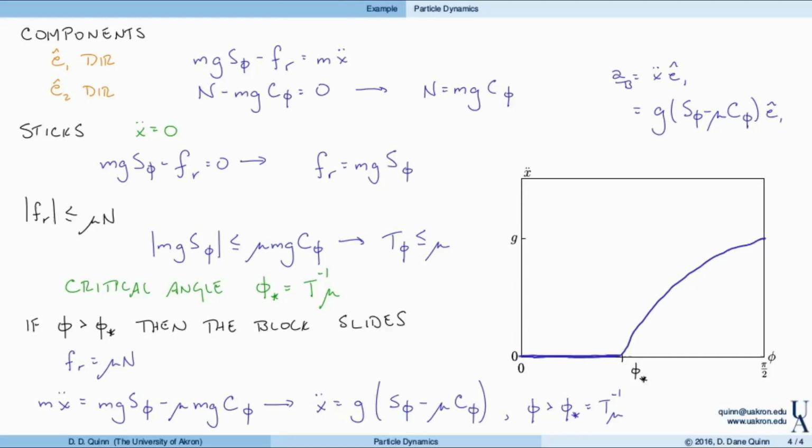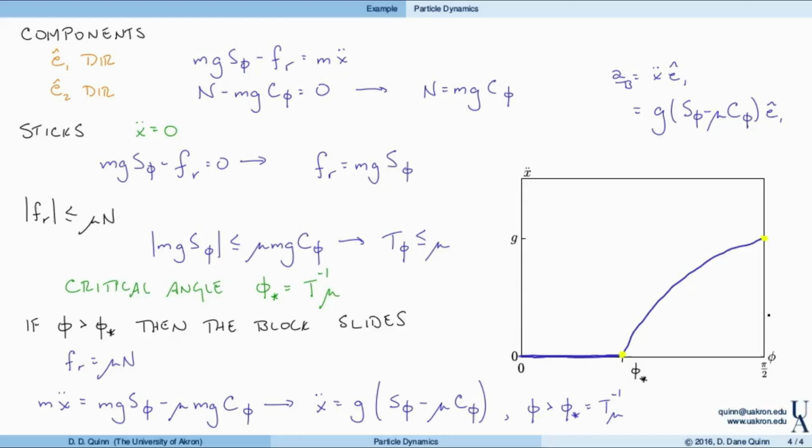Notice that at phi star, the acceleration is 0. And then if phi is equal to pi over 2, then the acceleration becomes simply g. Well, that makes sense. If the surface was vertical, the acceleration of the block would just be the acceleration due to gravity. Right, so we're able to draw and understand the acceleration of the block as a function of the angle of inclination of the surface.